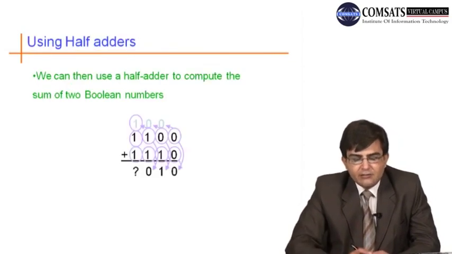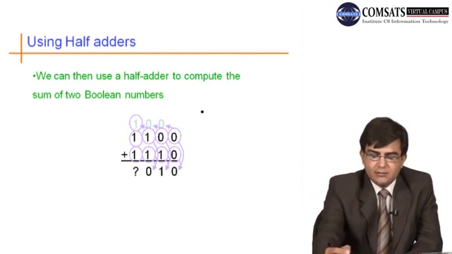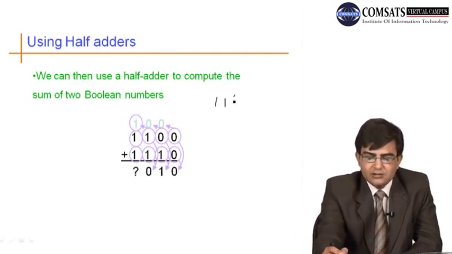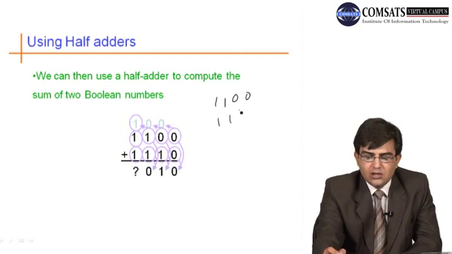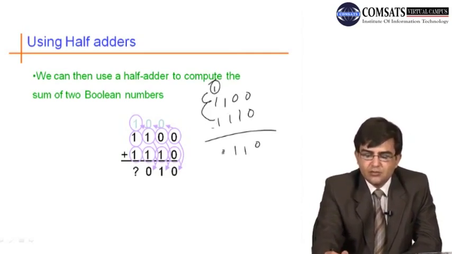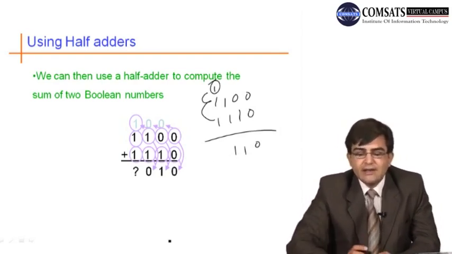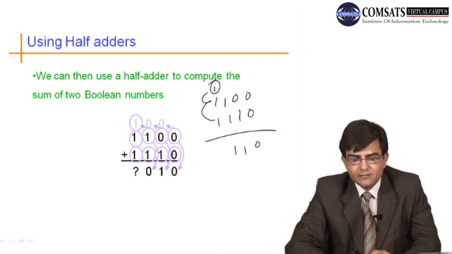And you see that when we add up two numbers in binary notation, for example 1 1 0 0 and 1 1 1 0, we get 0 here, 1 here, 1 and a carry of 1. When we now add up these three numbers, we have a problem. We cannot add three numbers here by using half adders.